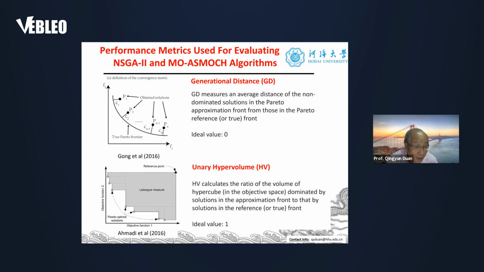If the distance is 0, that means you have the ideal solution. Another measure is called hypervolume. This is the volume of your solution, and you compare it to the reference volume. The ratio equal to 1 is the ideal solution. If it's less than 1, then it's less desirable.